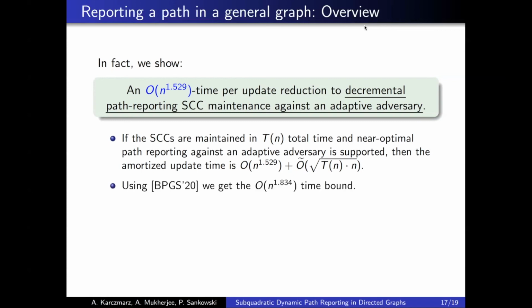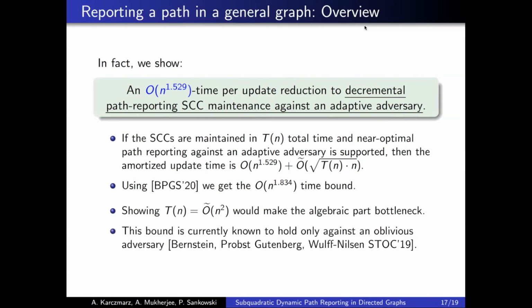With the current best known bound, this gives us order n to the 1.834 runtime bound. Now showing Tn equals order n squared would make the algebraic part the bottleneck. And this bound is currently known to hold only against an oblivious adversary.